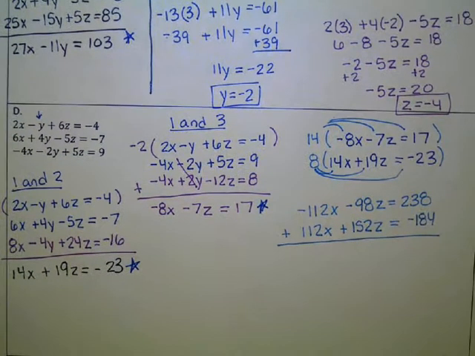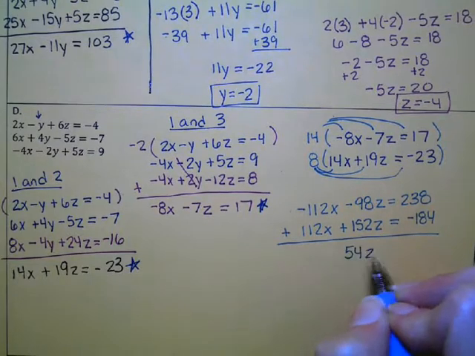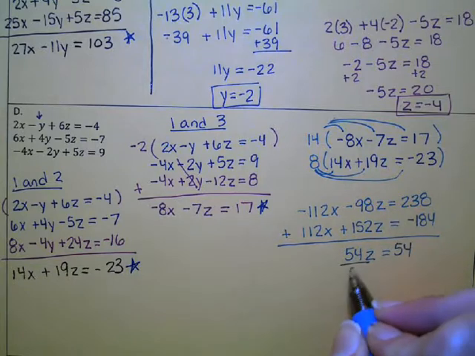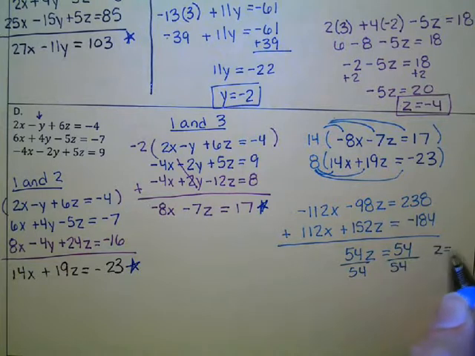Now we can eliminate, in this case I chose to eliminate my x's. You add these two together, you get 54z equals 54. Divide them both by 54.